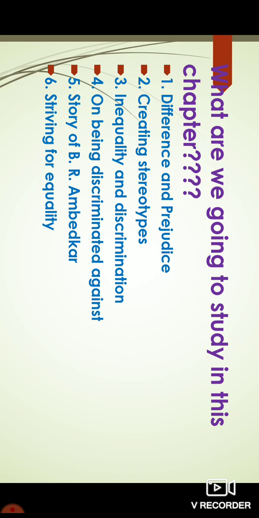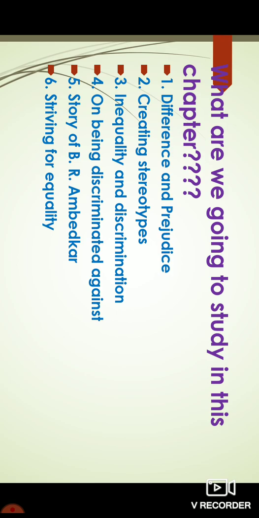These are the points which I have mentioned here. Further, in this lecture, we will discuss each point one by one. So, the first point which we are going to study is difference and prejudice.